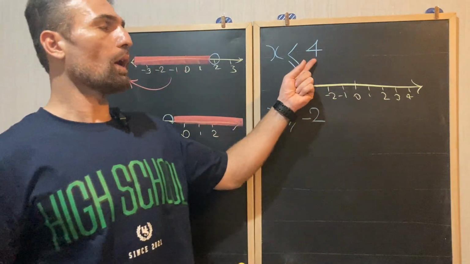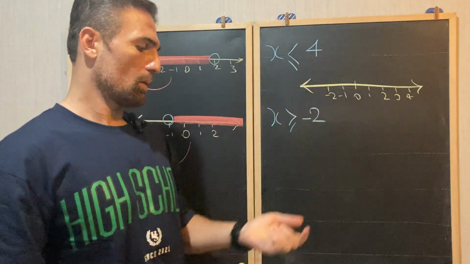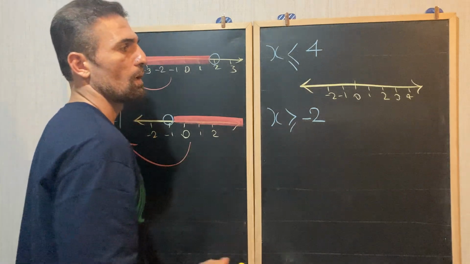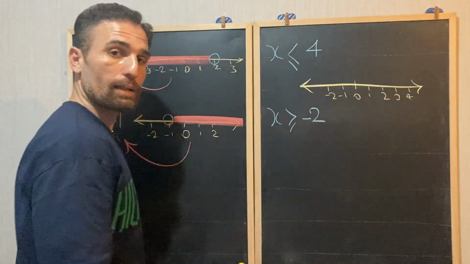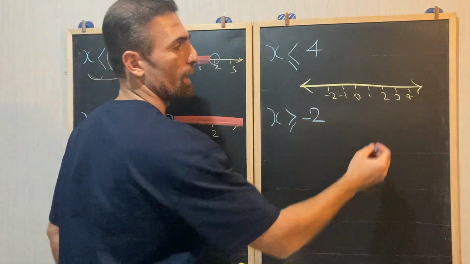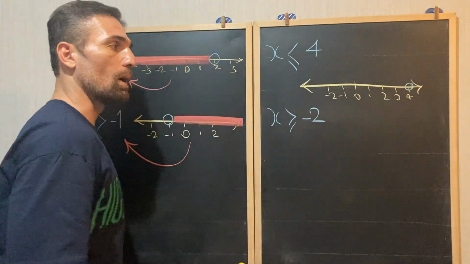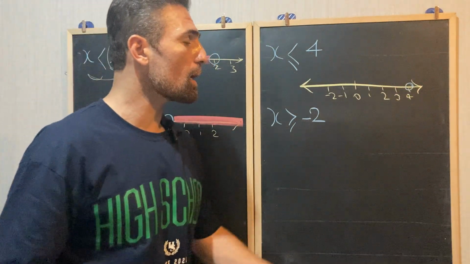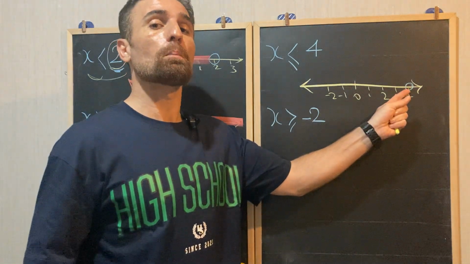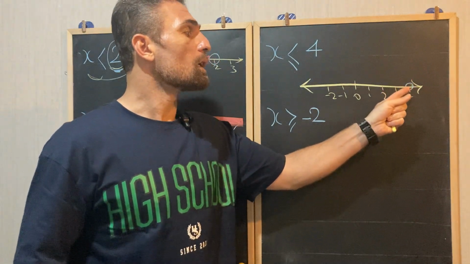Next step, find this number 4. Right, this is 4. And graph a circle above this number. But in this case, the circle must be a closed circle.